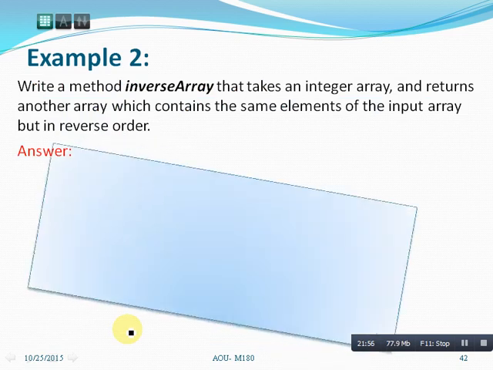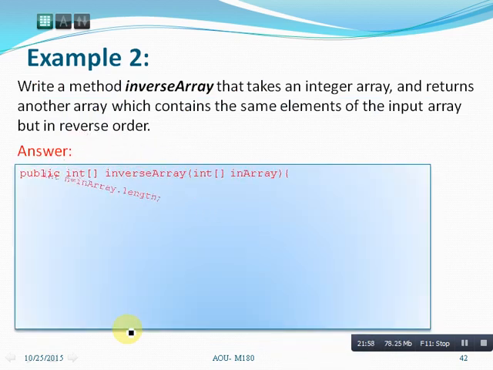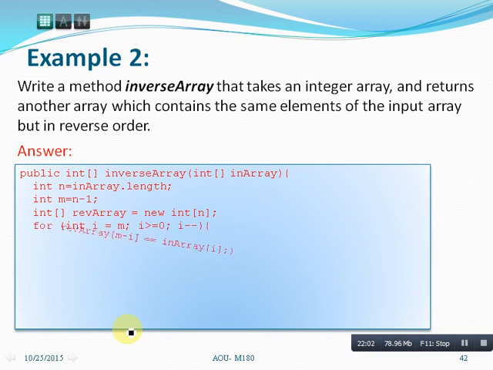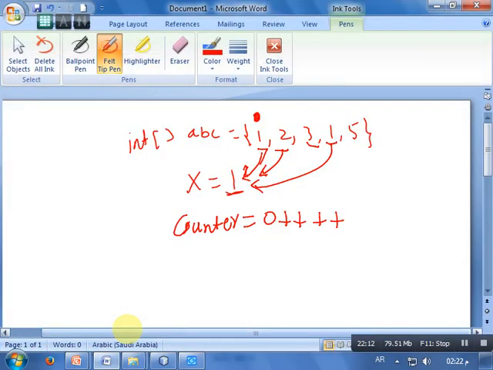The next example here is the inverse of the array. Now what is the inverse of the array? The inverse of the array is nothing but bringing the last element to the first.